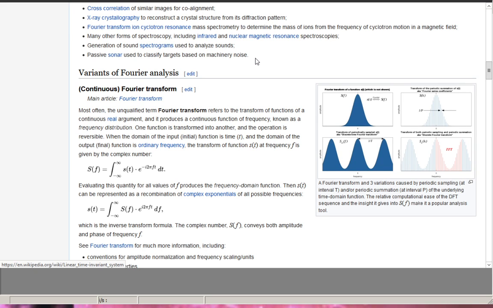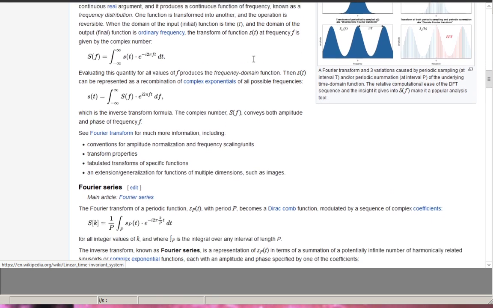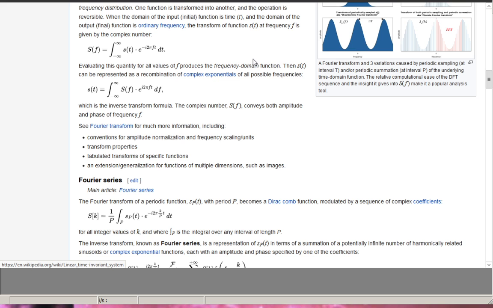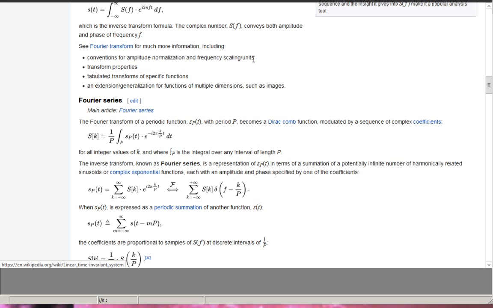The Fourier transform of a periodic function maybe becomes a Dirac comb function modulated by a sequence of complex coefficients.